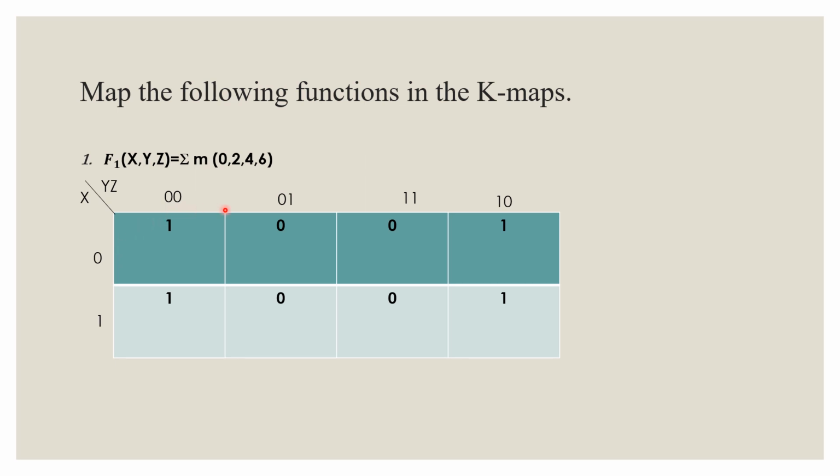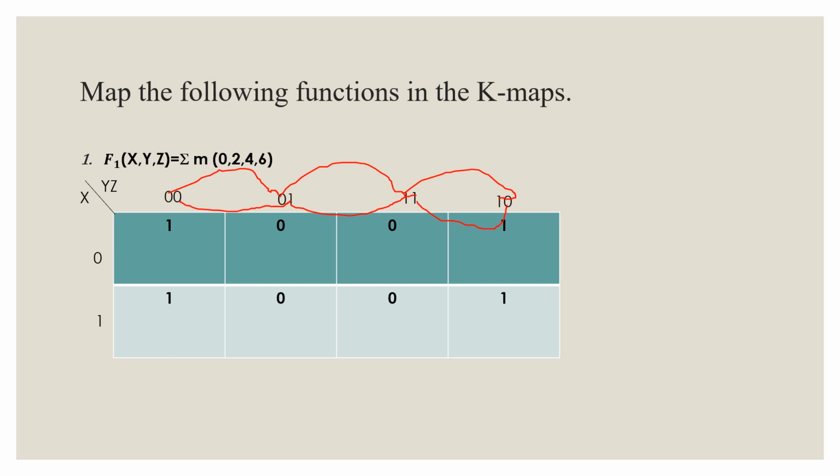Why do we represent in this pattern 0 0, 0 1, 1 1, 1 0? Because we want only one change in the variable and the other variable in stable condition. Here 0 to 0 is stable condition, but 0 to 1 is change. 1 to 1 is stable condition, 1 to 0 is change condition.